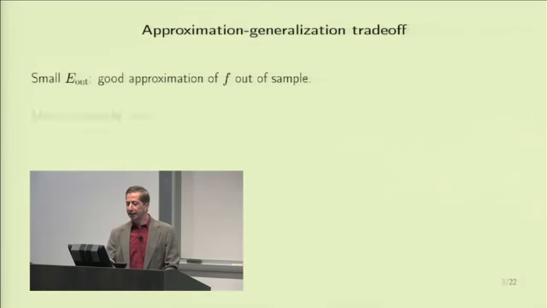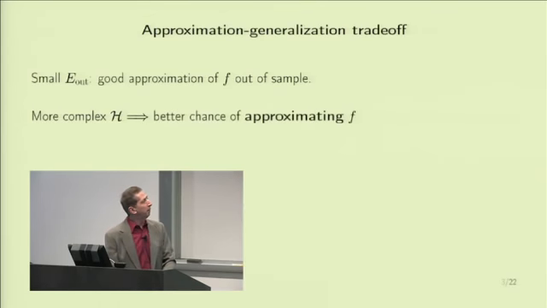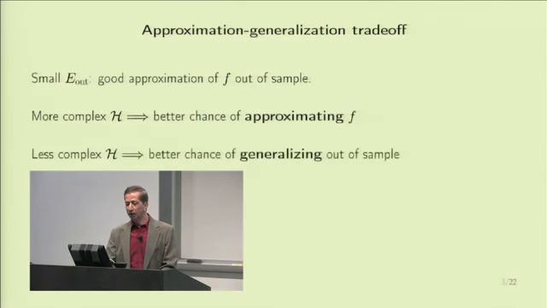And in the case of a more complex hypothesis set, you are going to have a better chance of approximating F, obviously. I have more hypotheses to run around. I will be able to find one of them that is closer to the target function I want. The problem is that if you have the bigger hypothesis set, you are going to have a problem identifying the good hypothesis. That is, if you have fewer hypotheses, you have a better chance of generalization.